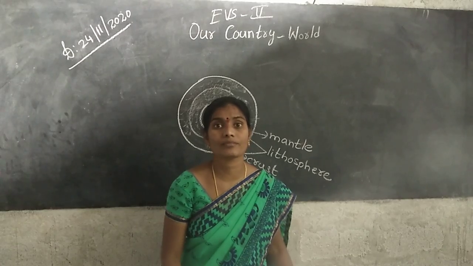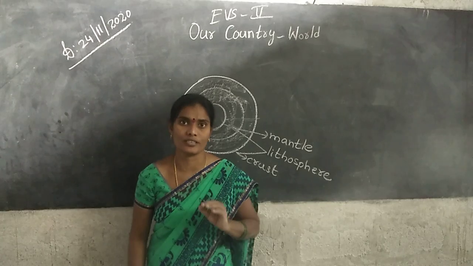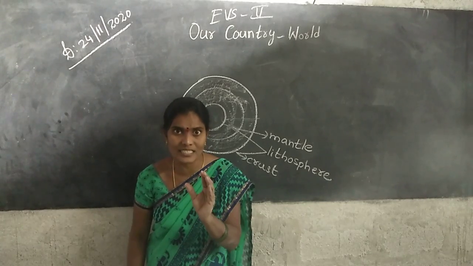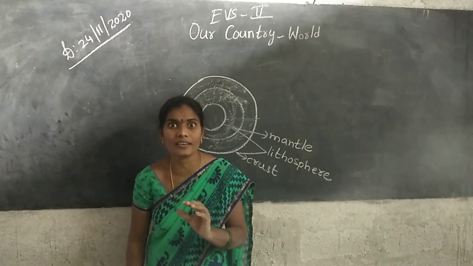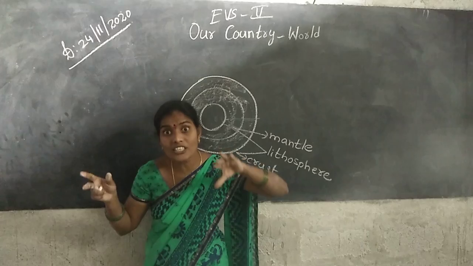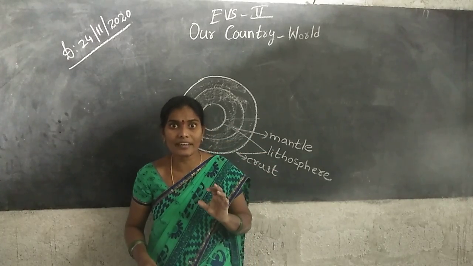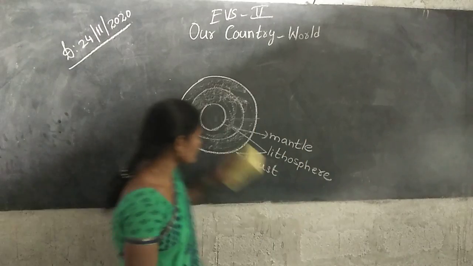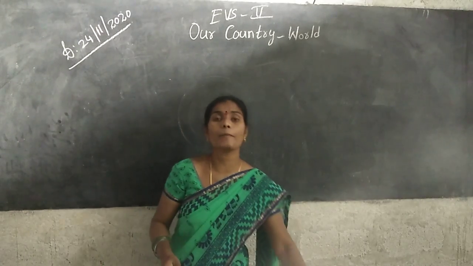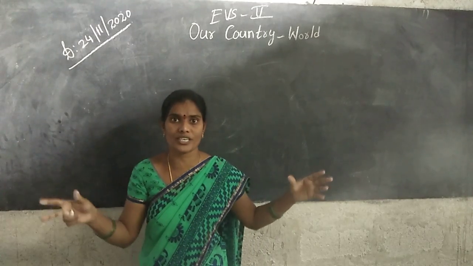The Mariana Trench is one of the places in the Pacific Ocean. I told you, the Pacific Ocean is the largest and deepest ocean. Understand me? Yesterday I said this.